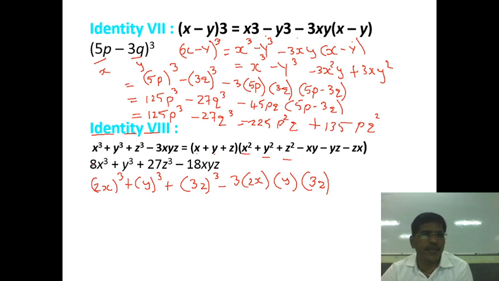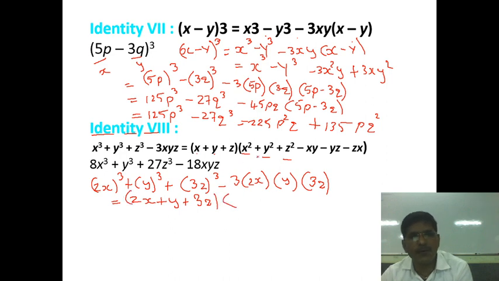Now if you see, 8x cube plus y cube, 27z cube, minus 18xyz, 3 twos are 6, 6 threes are 18. Now I have to write the formula x plus y plus z. So I have to write in the first bracket 2x plus y plus 3z.